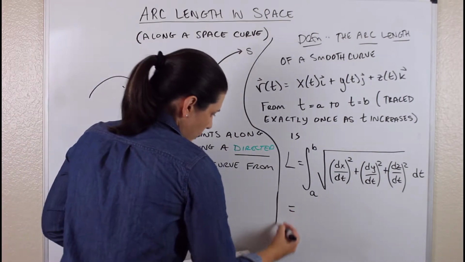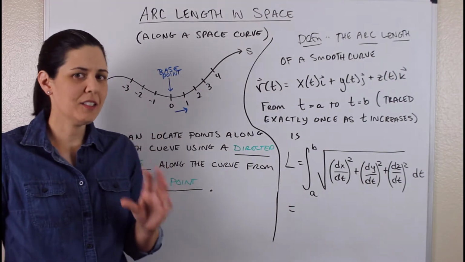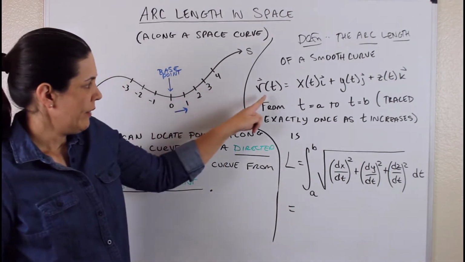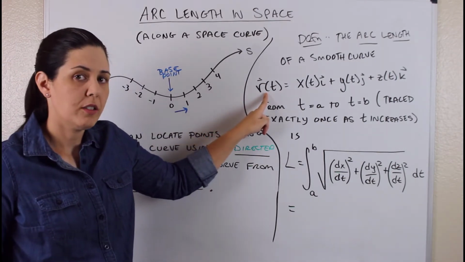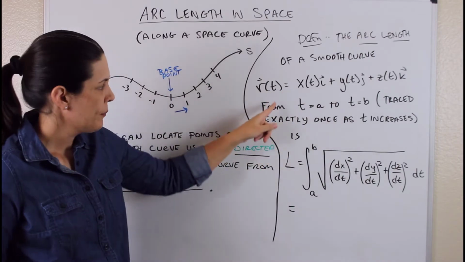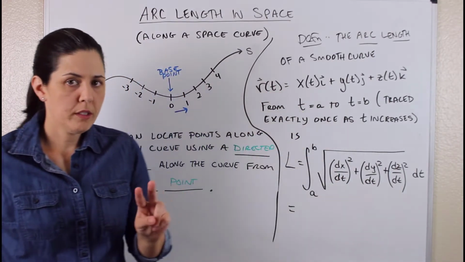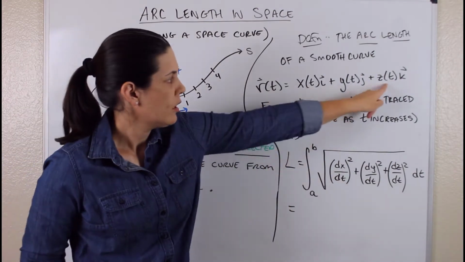I want you to think about this really quick, because we can write this formula a little bit nicer based on something you know about. If this represents our curve, or the position of something traveling along that curve, think about when you start taking the derivative like this. 2 things are happening here. You're taking the derivative of each of these components of position.